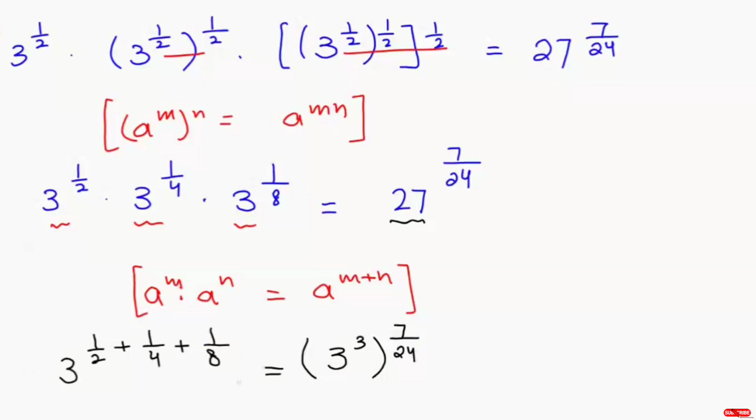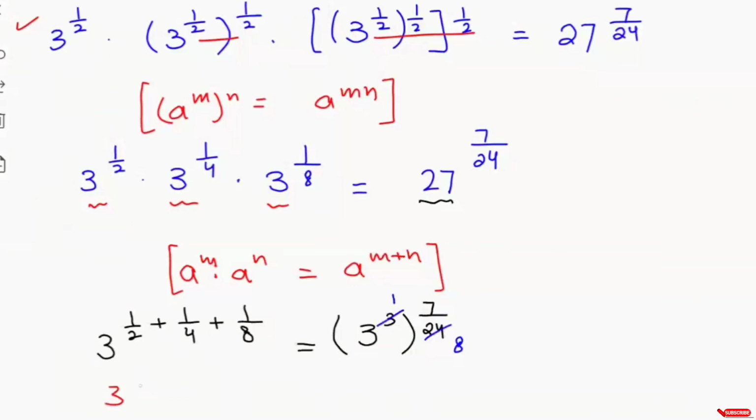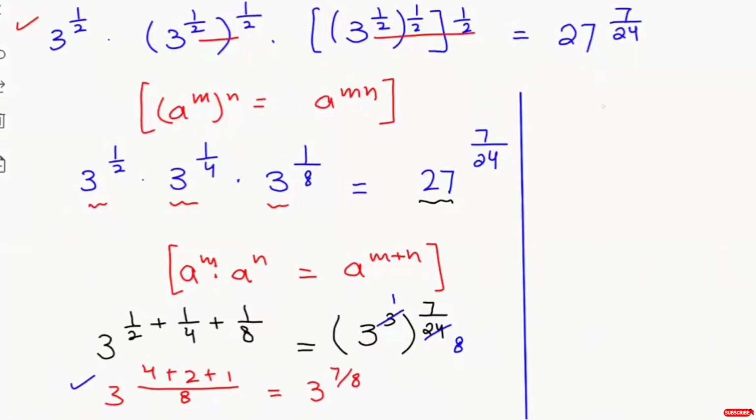Now here we're going to take the LCM, and this is going to be 8. So we get 3 to the power of, 8 is the LCM, 4 2 times, 2 4 times, 1 8 times: 4 plus 2 plus 1 is 7 over 8. So 3 to the power of 7 over 8 is equal to 3 to the power of 7 over 8.